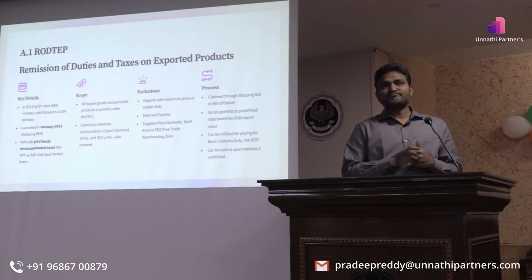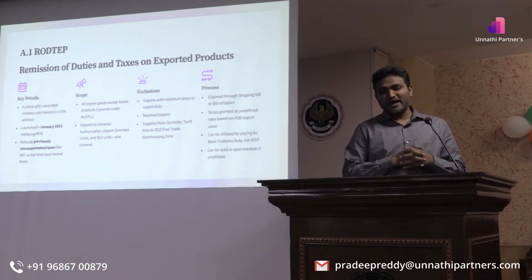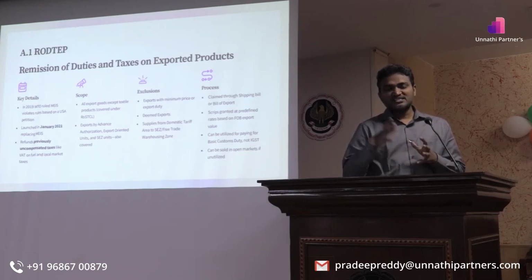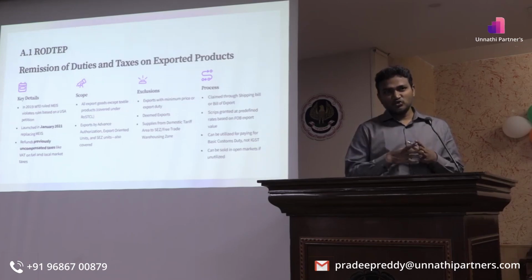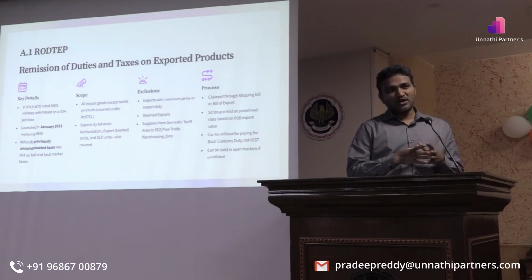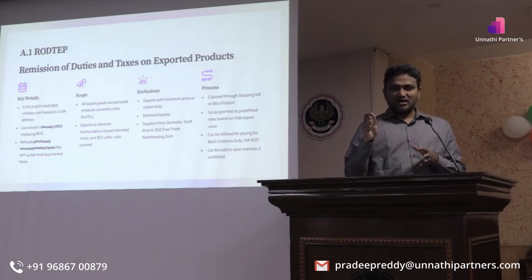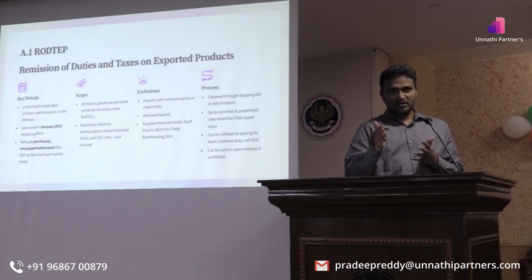The brief background is that this scheme was introduced in 2021. However, the major event happened somewhere in 2019. Before this there was a scheme called MEIS, Merchandise Exports from India Scheme, wherein we used to get scrips, which are certificates based on the value of goods exported.